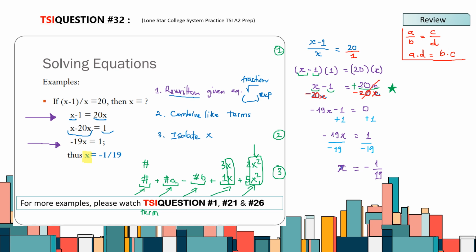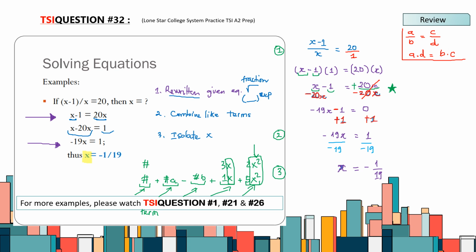So now you have moved the 20x from the right hand side to the left hand side. Okay, now look at number 1. Negative 1 is right here. We want to move it to the right, so we add the same amount. When we add, we do both sides.